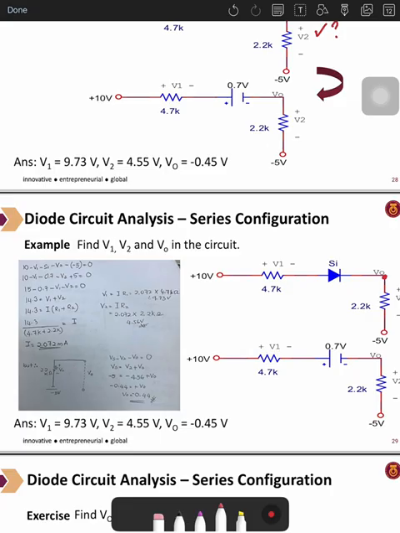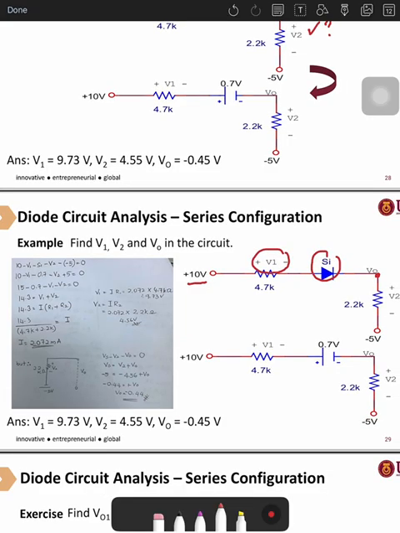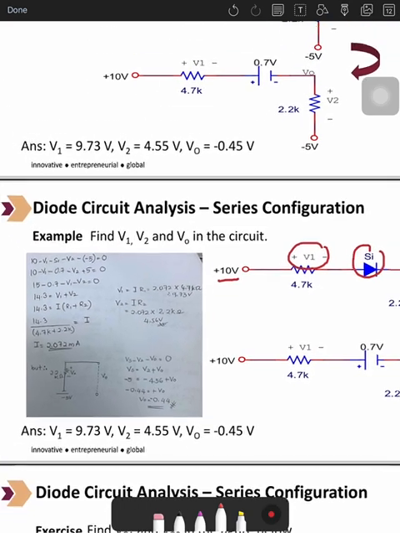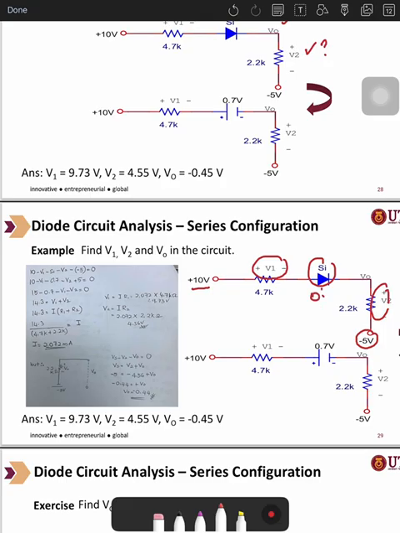You have 10 volt minus V1, minus the silicon, and minus V2, minus the negative 5. My mistake. So 10 minus V1, minus 0.7 volt, and then minus V2 plus 5.